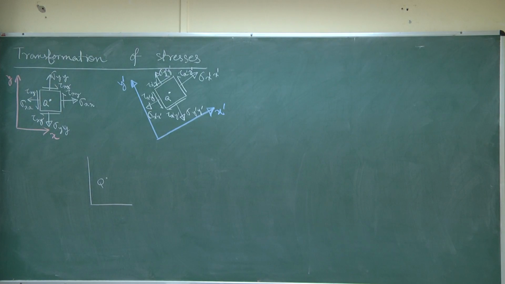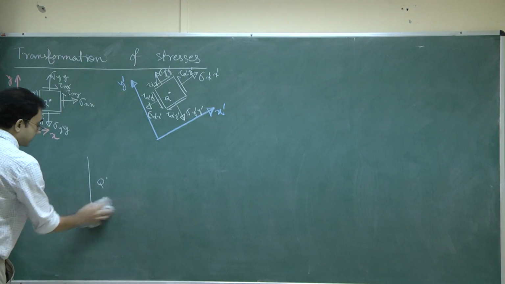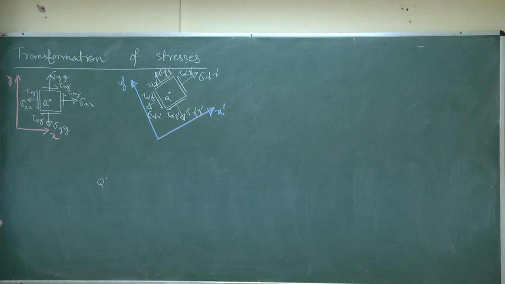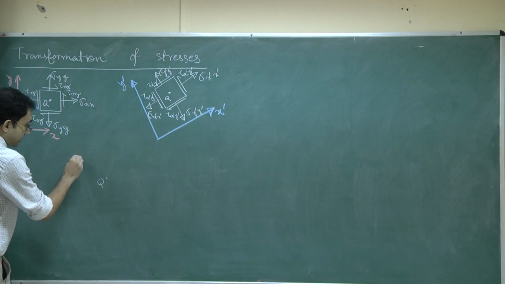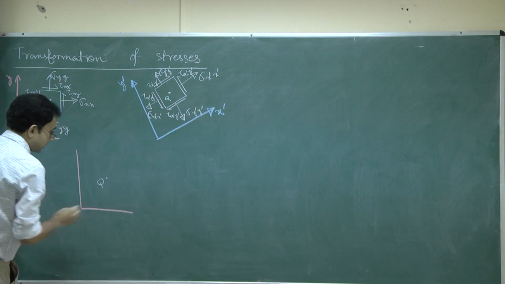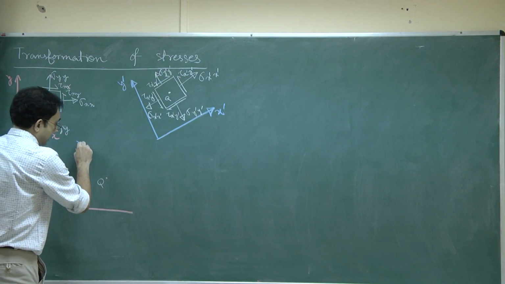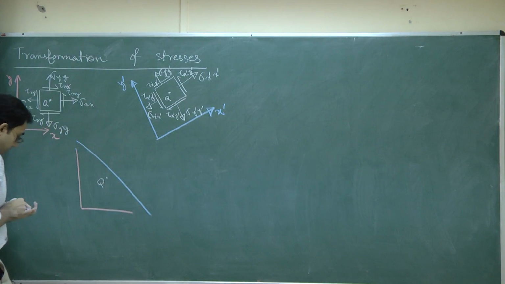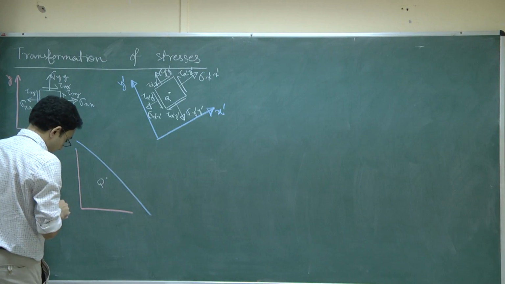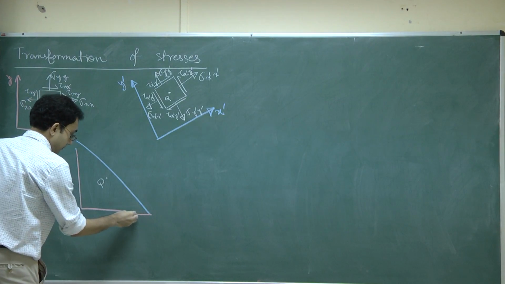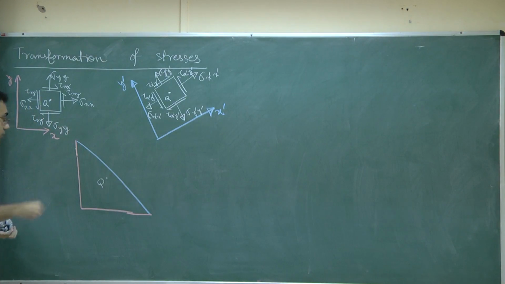So, perhaps it will be better if I use different colors. So, this is from the pink colored XY system, and from that blue colored system I will have this kind of an edge. Okay. Now, we can quickly write down the various stress components which will be shown on this sort of diagram.